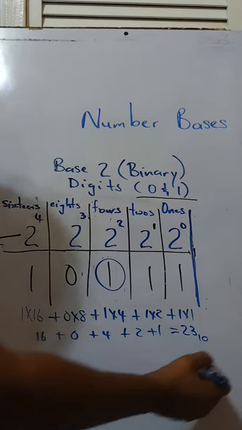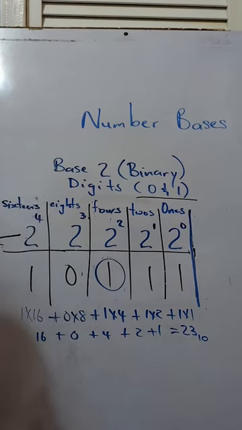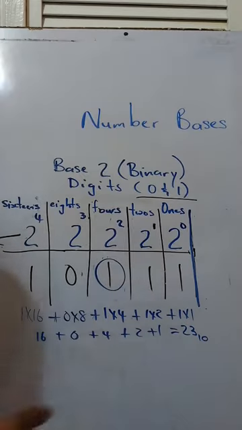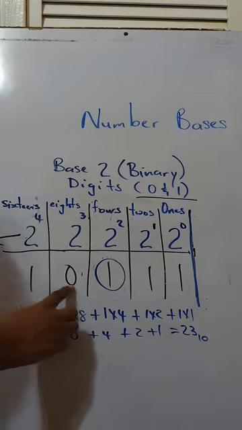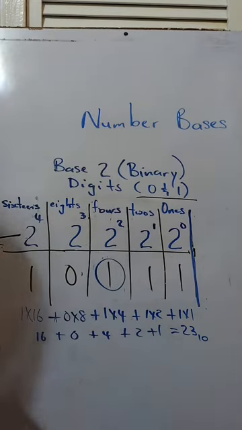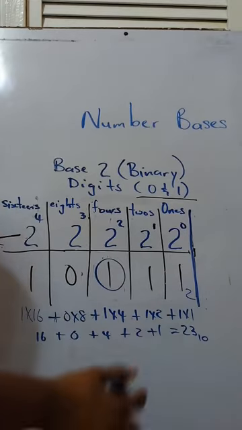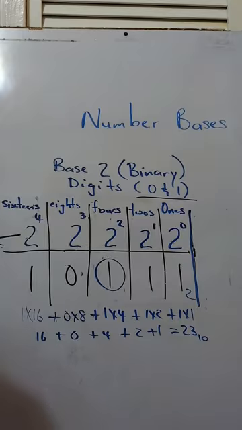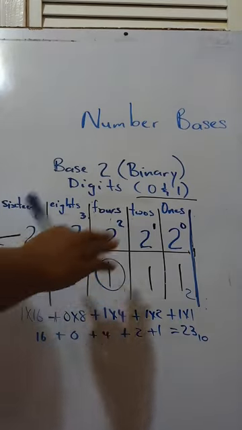This, however, is the value of the number in base 10, because what I did was to see the true value of each digit and add them all up to say what it represents. This number, 10111 in base 2, has the value 23 in base 10. So this is how I convert from base 2 to base 10.